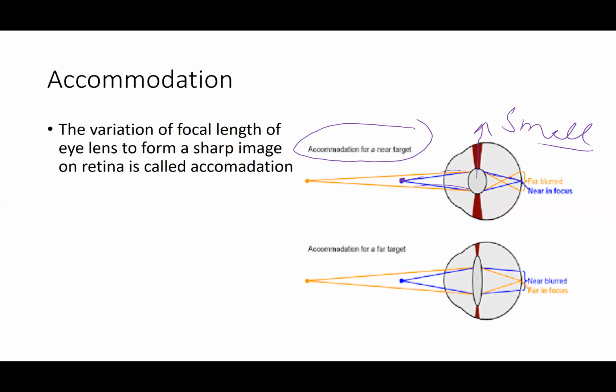Here the size increases. It is used to view far objects. Accommodation for far targets. So accommodation is the variation in focal length for near targets and far targets.